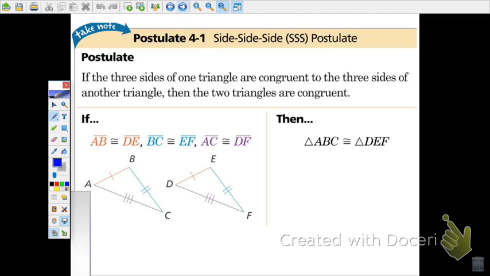If you look at the side, side, side piece in your interactive notebook, the SSS postulate says, if the 3 sides of one triangle are congruent to the 3 sides of another triangle, then the 2 triangles are congruent. On the picture of those 2 triangles in your notebook, put in the corresponding tick marks.